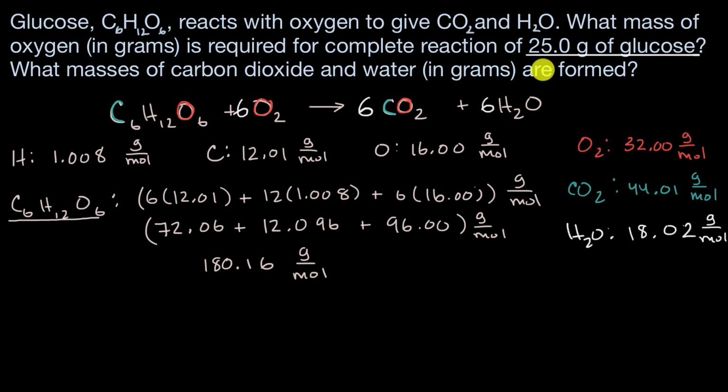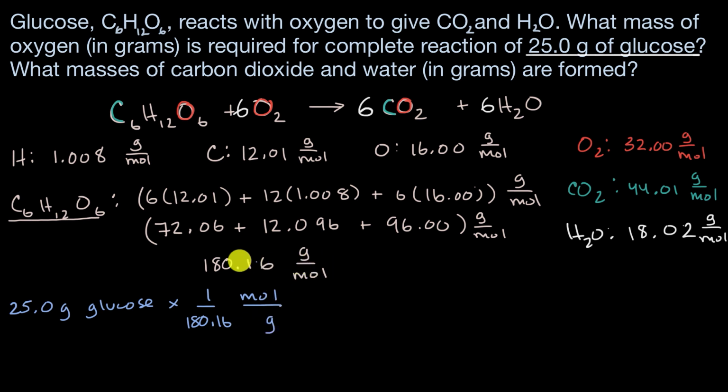Now the next step is to think about, all right, we're reacting with 25 grams of glucose. How many moles of glucose is that? So we have 25.0 grams of glucose, and we want to turn this into moles of glucose. And we know the molar mass is 180.16 grams per mole, or we could multiply and say that for every 1 mole, it is 180.16 grams.